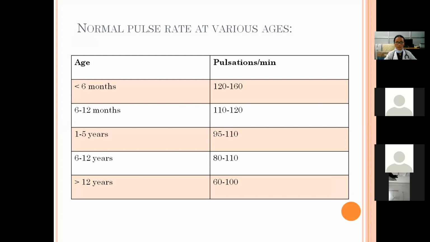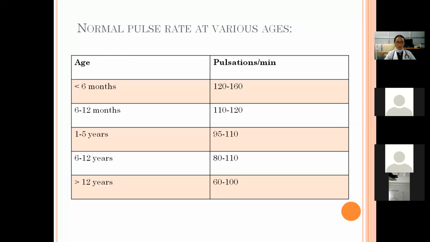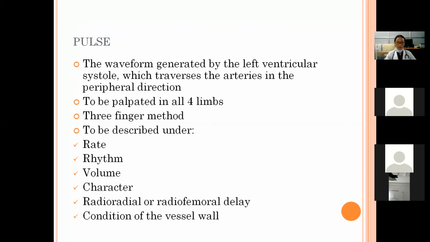At 1 to 5 years, it is 95 to 110. At 6 to 12 years, it is 80 to 110. And beyond 12 years, it should achieve the adult target of 60 to 100 pulsations per minute. That was the normal pulse rate in the pediatric age group.